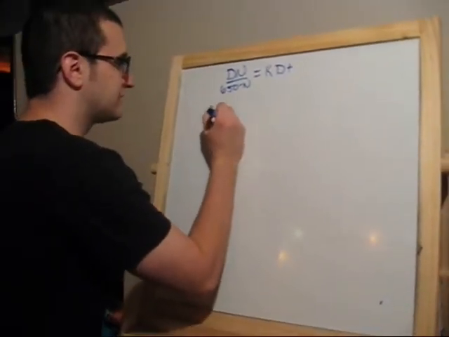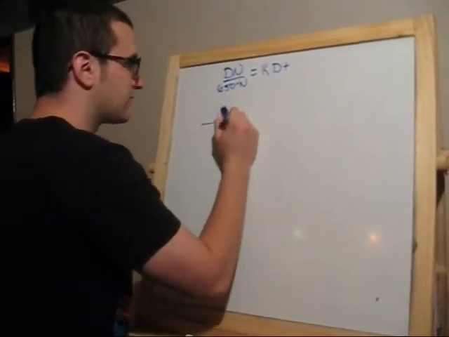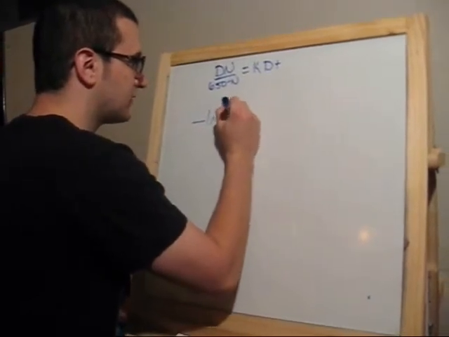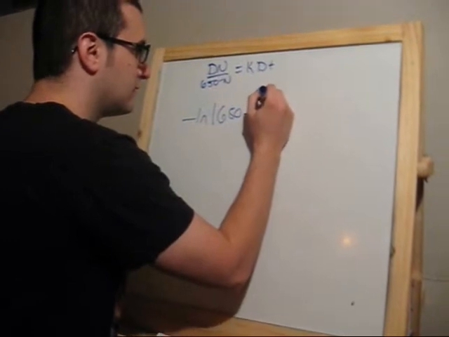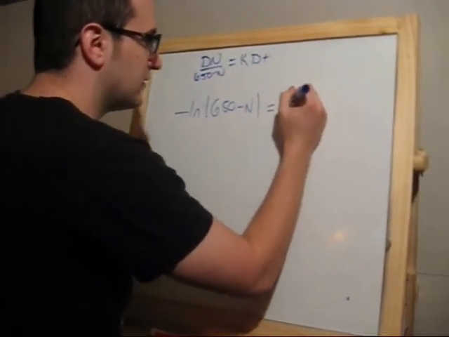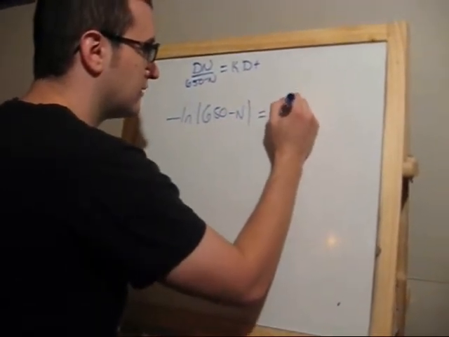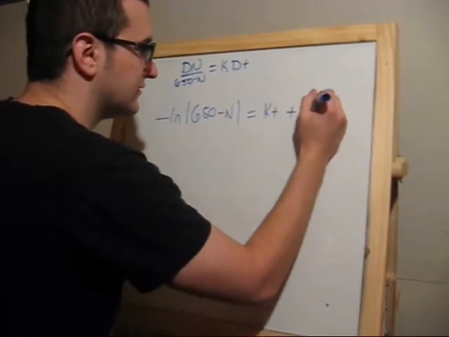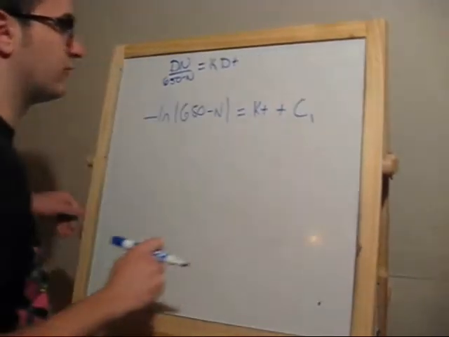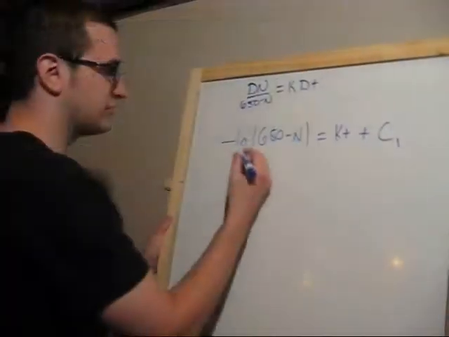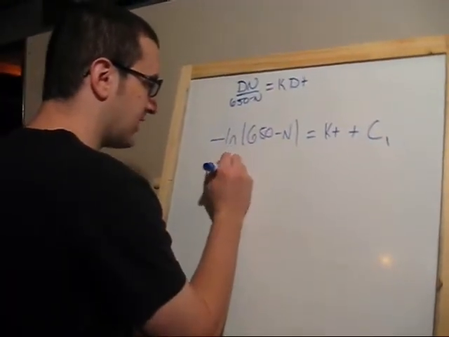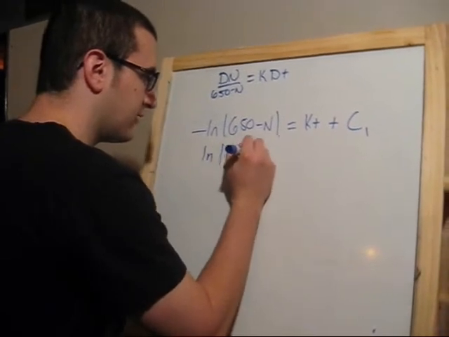To do this, we're going to take the negative natural log of the absolute value of 650 minus N equals kt plus some constant. I'm going to call it constant 1. Now we're just going to multiply both sides by negative 1.